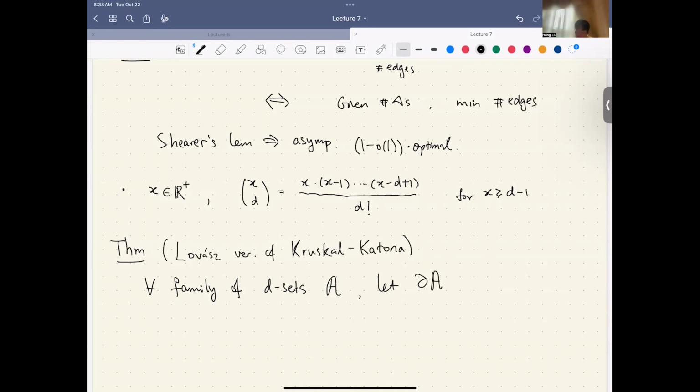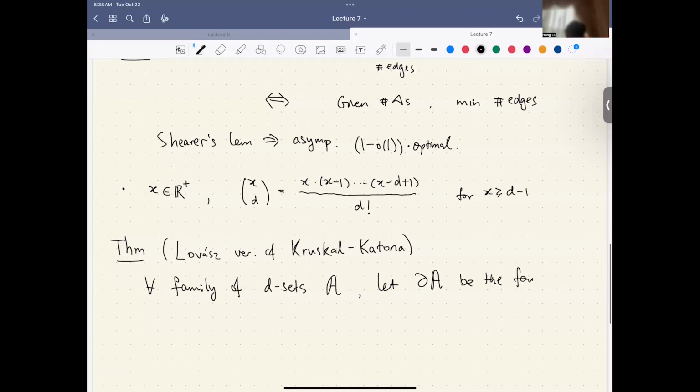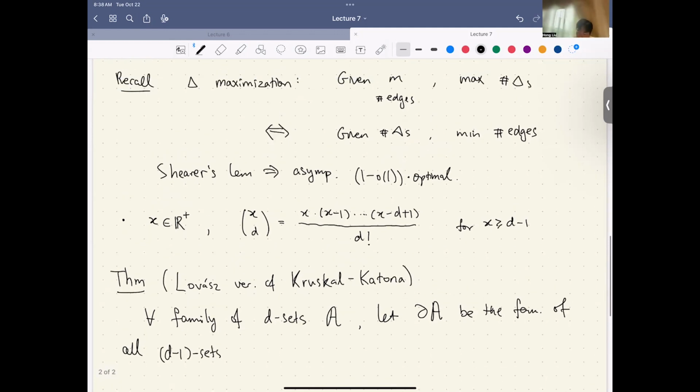This means, in particular, we could use this for the d minus 1 sets that are contained in some d sets in A. So let this be the family of all d minus 1 sets. We can think of this as, so here is d equal to 3, right?